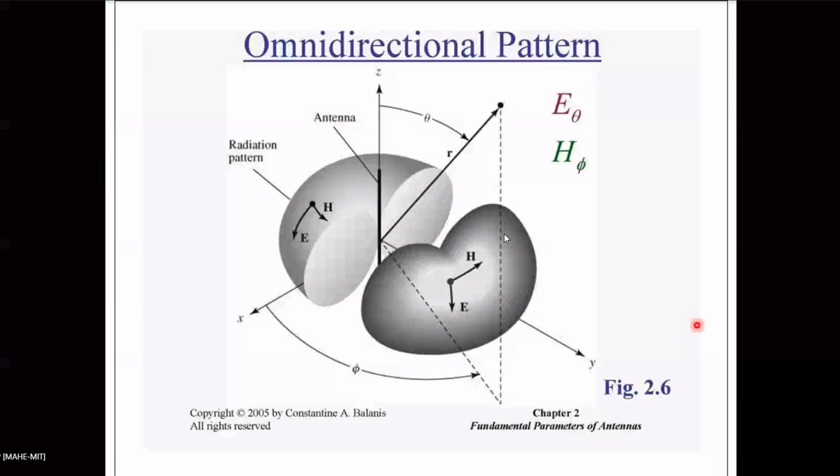If you close it fully, it's a circle, like an isotropic source. Theta is equal to constant, you vary phi from 0 to 2 pi. With respect to phi, it doesn't vary. With respect to theta only it varies.